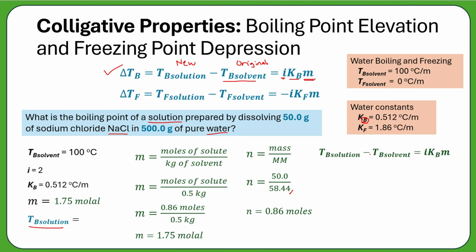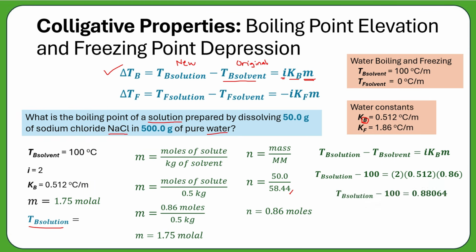The new boiling point minus the original boiling point equals i times K times m. Put all the values. We have the new boiling point minus 100 because our original boiling point temperature is 100 degrees Celsius. i is 2, K is 0.512, and m is 0.86.